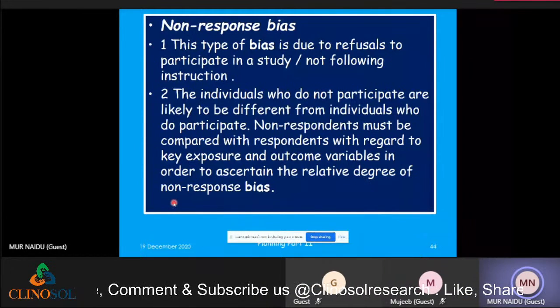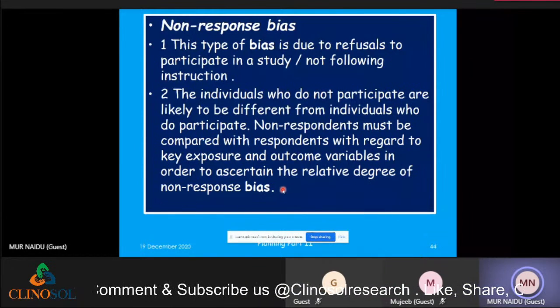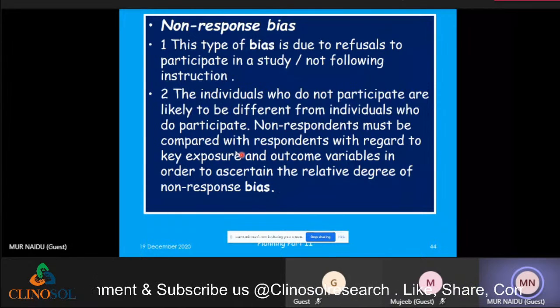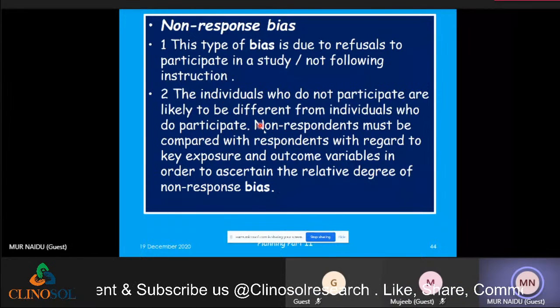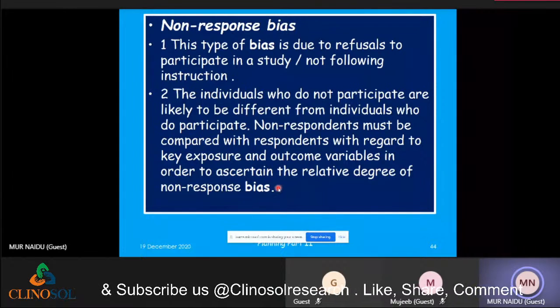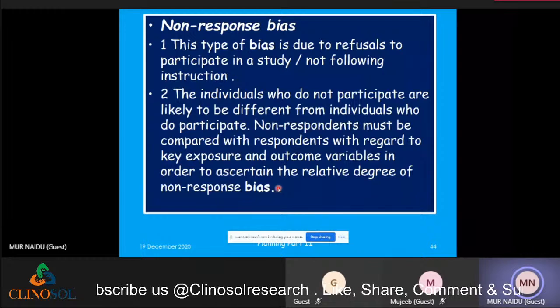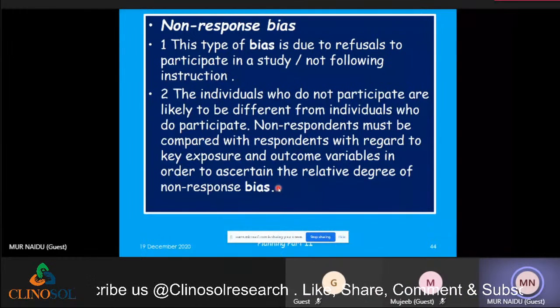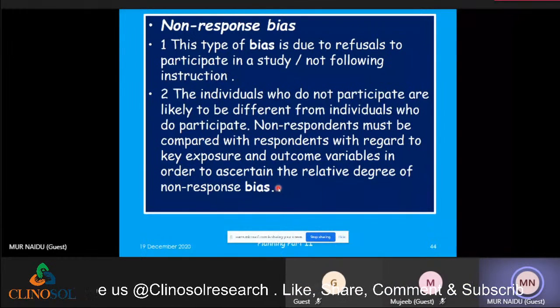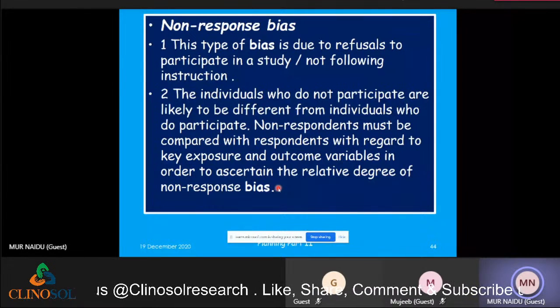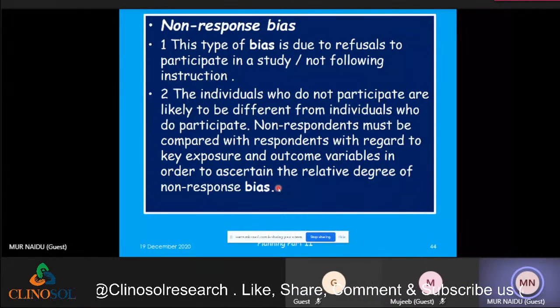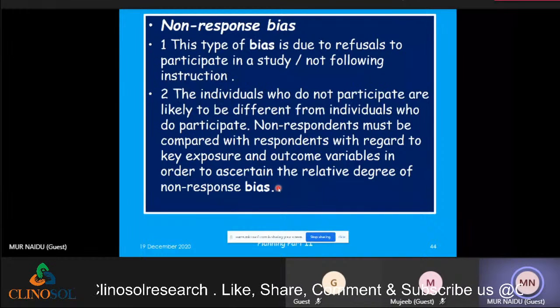Here what happens is that this non-response bias is not because of poor use of the drug by the individual. There is an inherent bias. Either there may be some genetic variation or some patients don't respond to a particular drug. If you go back and see the literature, not all patients of hypertension respond to beta blocker.